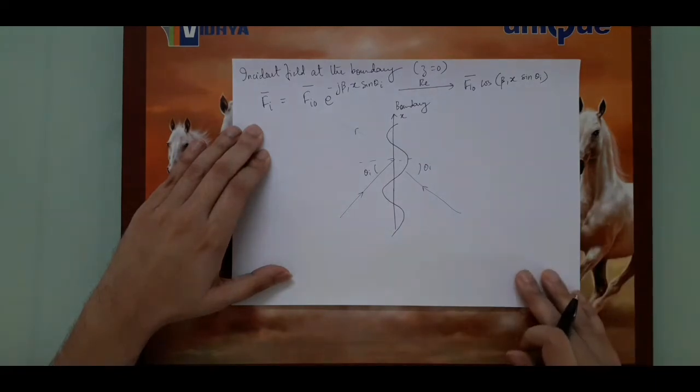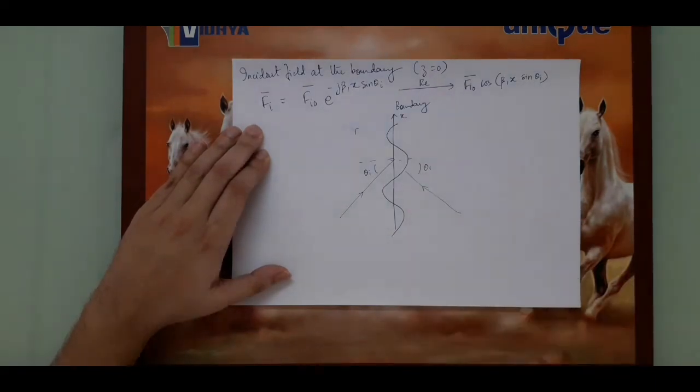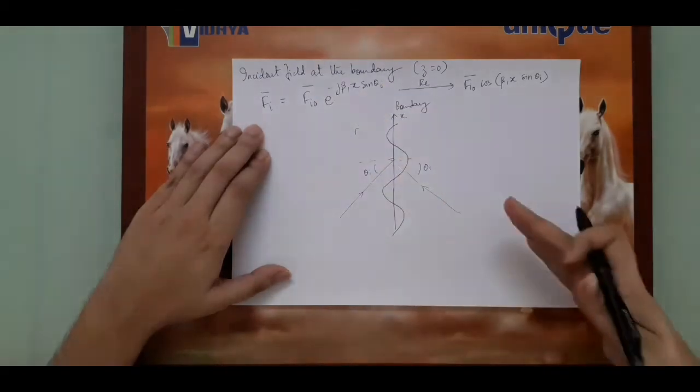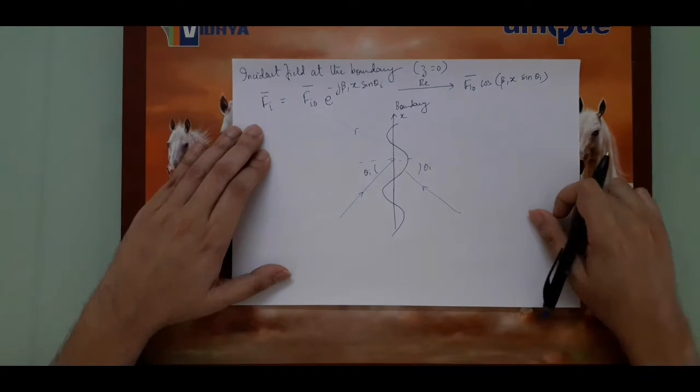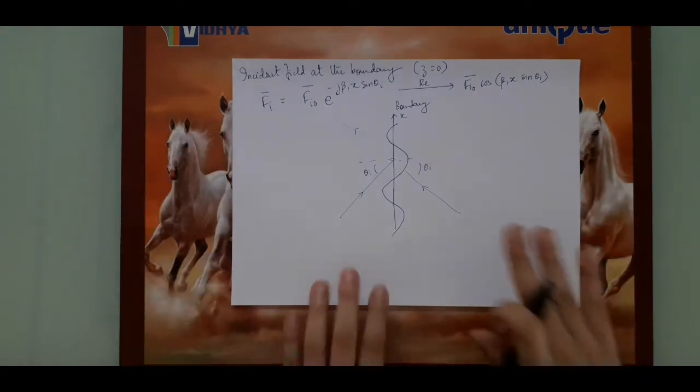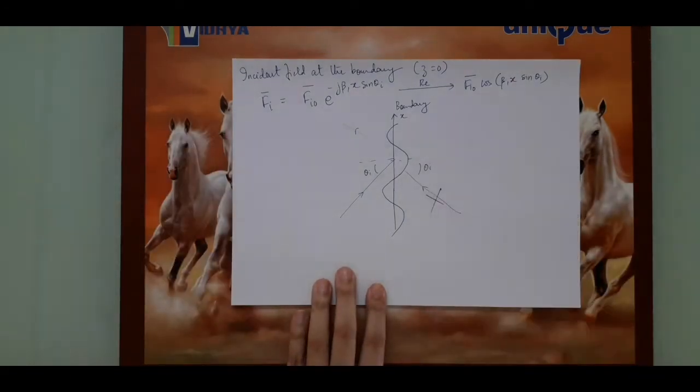But this fellow sitting in medium 2 is very smart. He says, I know that a wave which is incident like this could have caused the same gradient, but the fact of the matter is there is no wave here. This wave is not there.